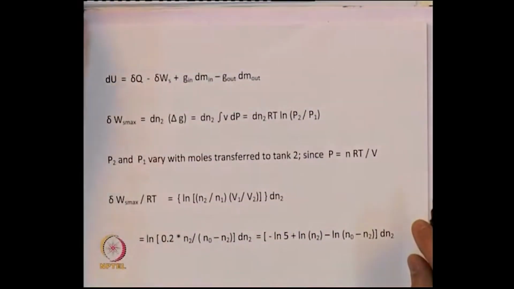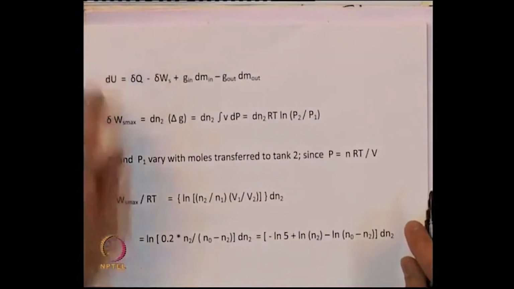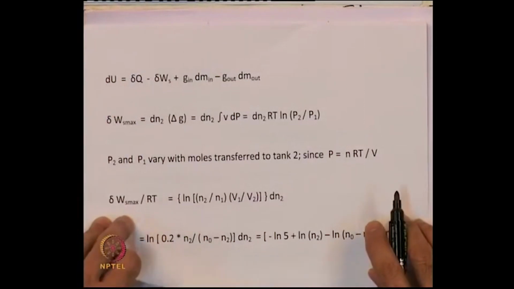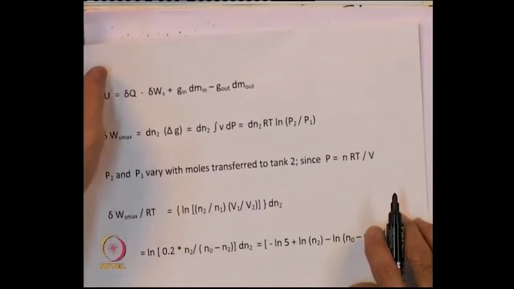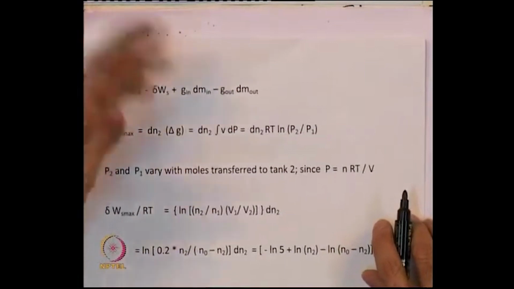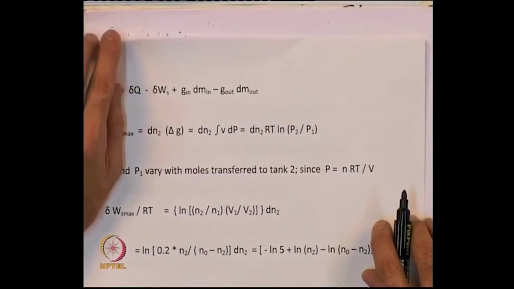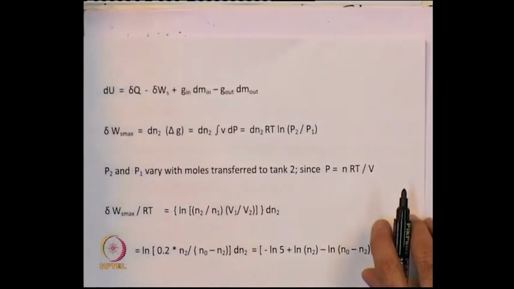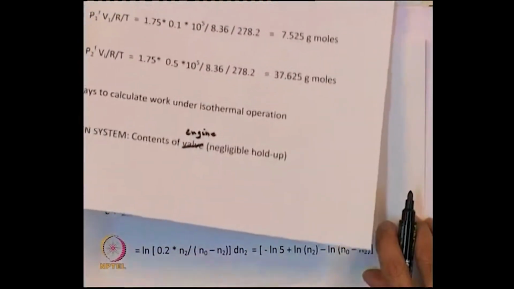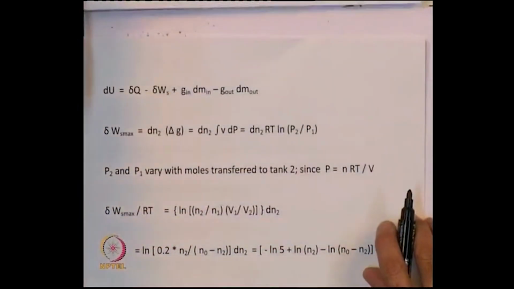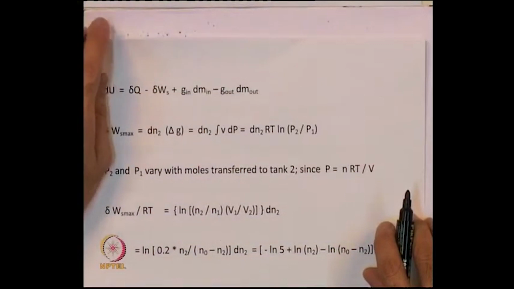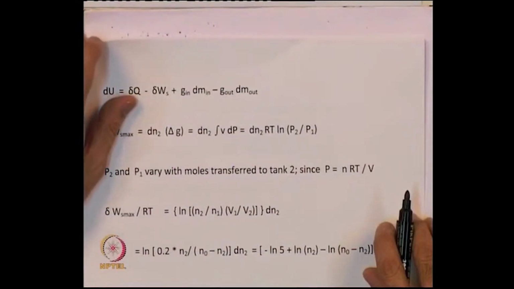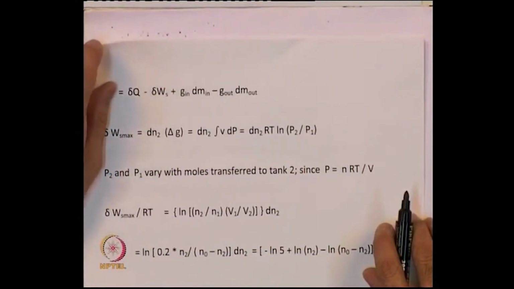So, if you have the contents of the engine as the system and the system has negligible hold up, which means the total moles flowing through, in this case it is actually 37.625 minus 2.15, roughly 35 gram moles, flowing through is much larger than the amount contained in the engine.